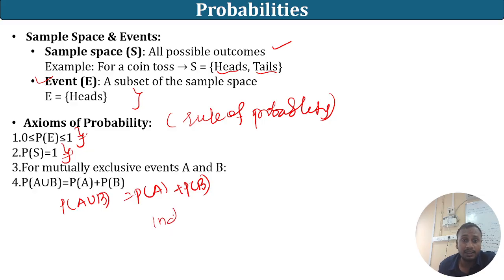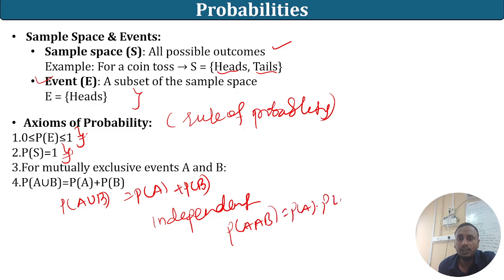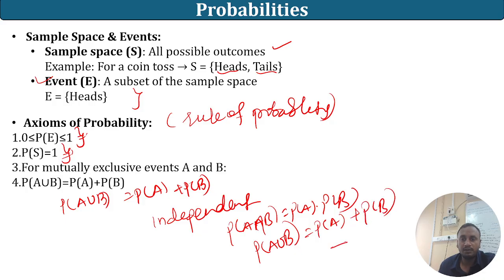Or if the events are independent, P of A intersection B is PA into PB. And P of A union B can be PA plus PB minus PA into PB. So this is all about that.